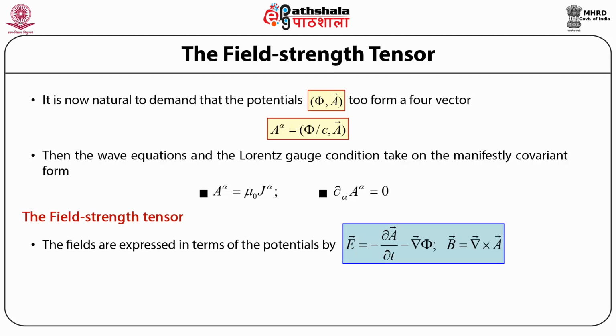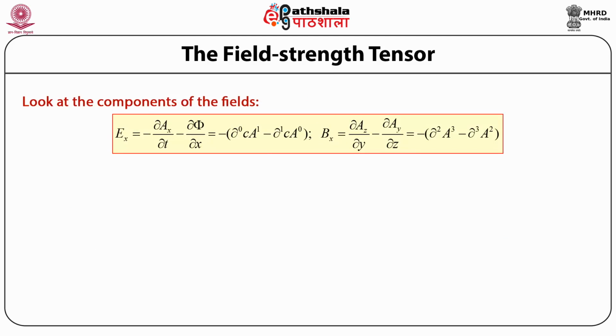Now if we look at the components of these fields, the x component of the electric field is given by minus ∂A_x/∂t minus ∂φ/∂x, and writing this in the tensorial notation we get minus of (∂⁰ times c times A¹ minus ∂¹ times c times A⁰).